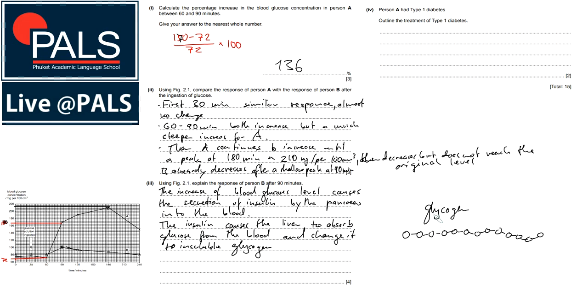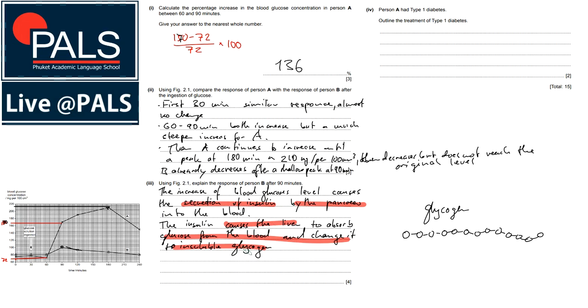And that should be enough. Well, the points we probably score here: secretion of insulin, 1 point, whereby the pancreas, 2nd point, target organ liver, and change glucose to glycogen is going to be the 4th point.